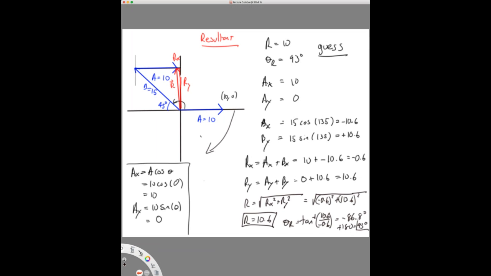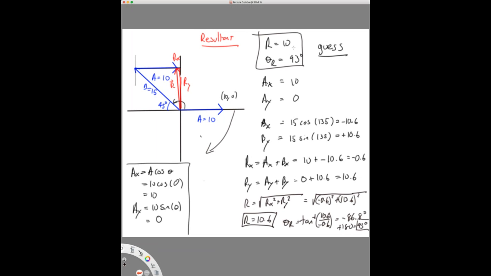So my guess, and I really just made this problem up, so I was actually expecting to be off by more than this. I got a little lucky, I would say, but my guess was pretty close. Now, if I got for R 12 and the angle was 100 degrees, that's close enough.